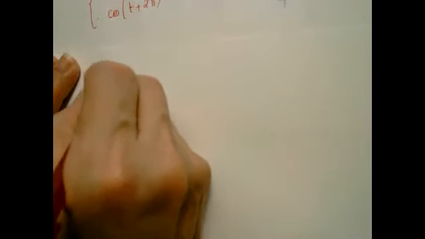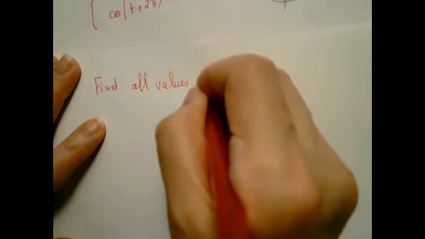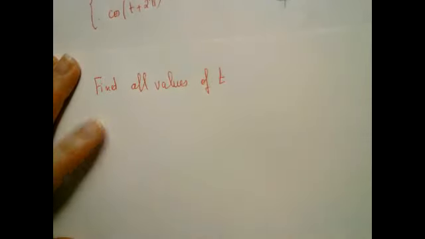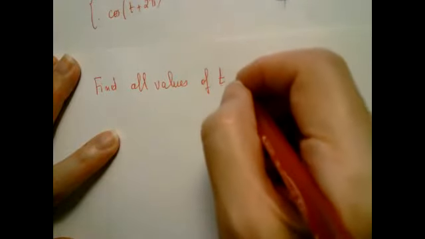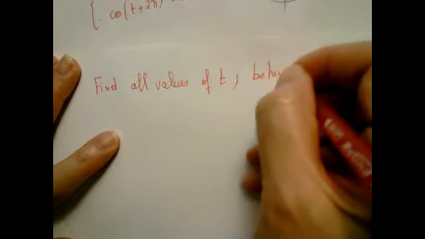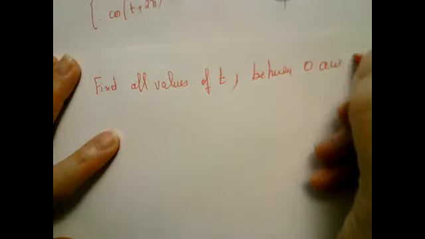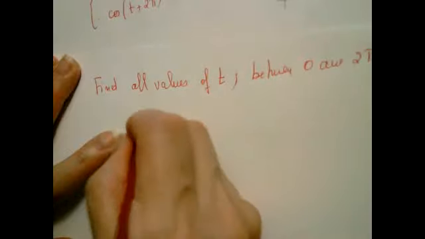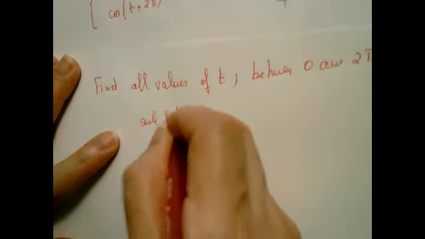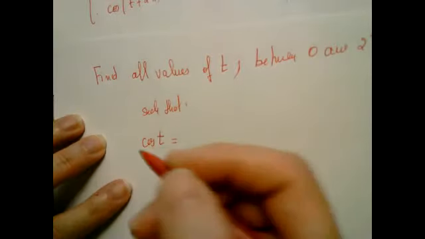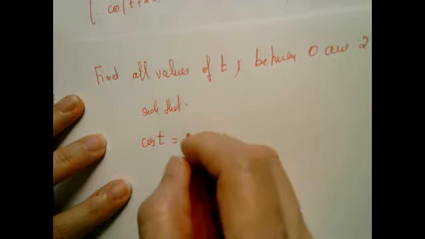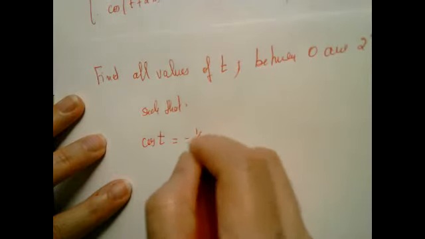I want you to find all values of T between 0 and, my apology, between 0 and 2 pi, such that the cosine of T equals minus a half.